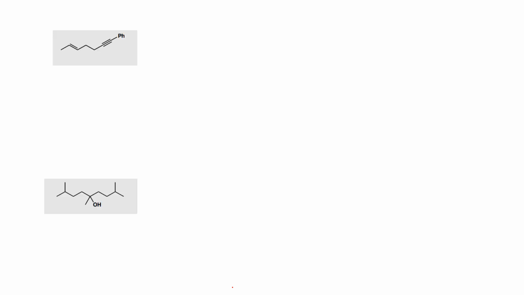Let's go to our next question. So you have to predict the forward synthesis of this compound. Whenever there is a triple bond, just try to break the single bond adjacent to that, because we know sp carbons are highly electronegative, so these carbons can take a negative charge. So if you break this bond, what will happen?